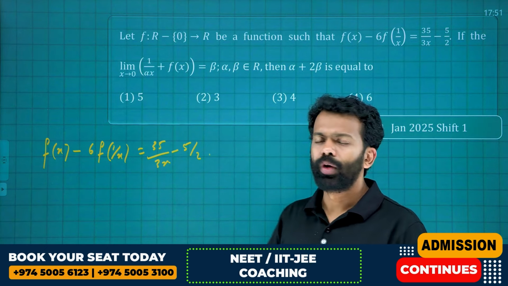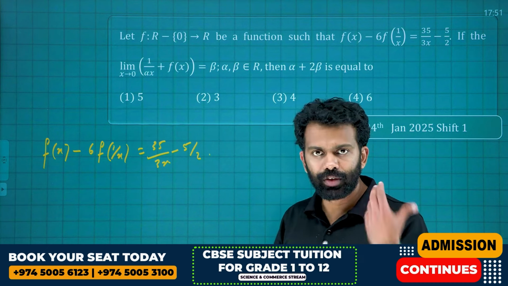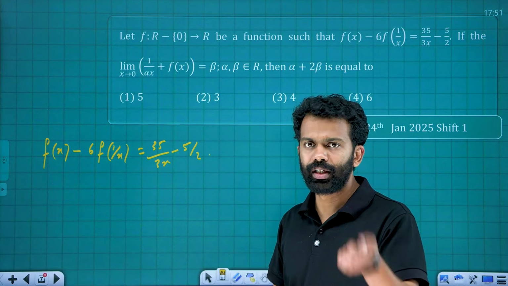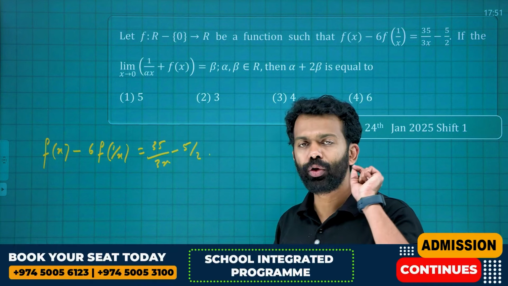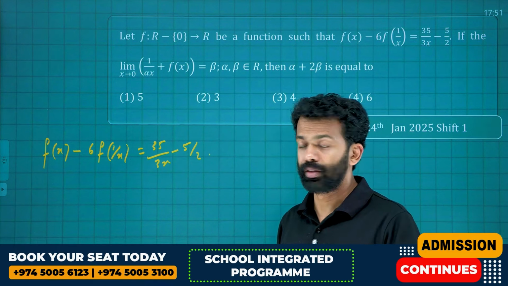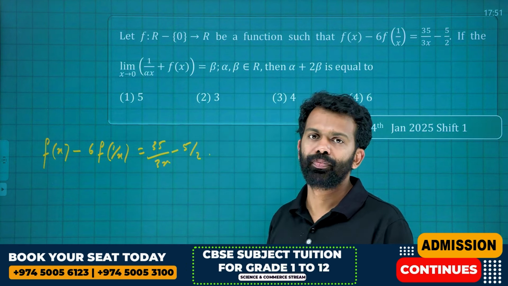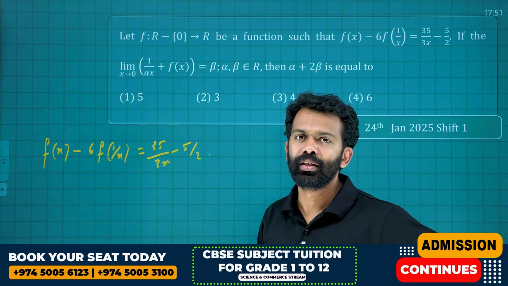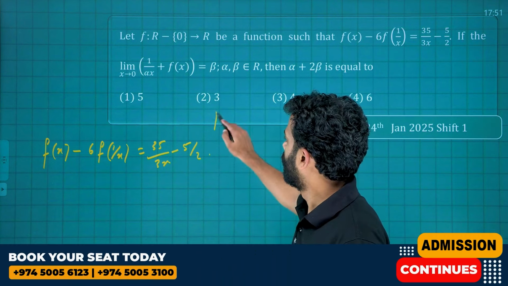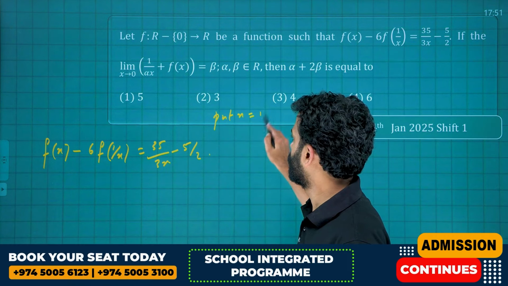So what I am going to do is introduce another equation which has f of x and f of 1 by x. So how are we going to obtain that equation? Another equation which has the same structure, by using this one. It's a very easy question actually. See, there is a substitution: put x is equal to 1 by x.